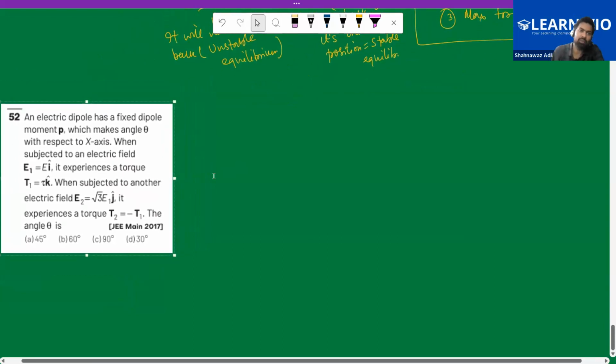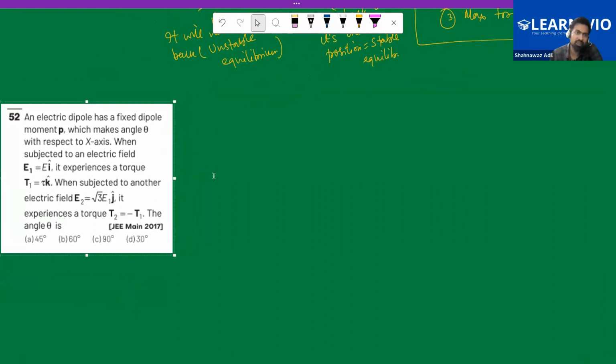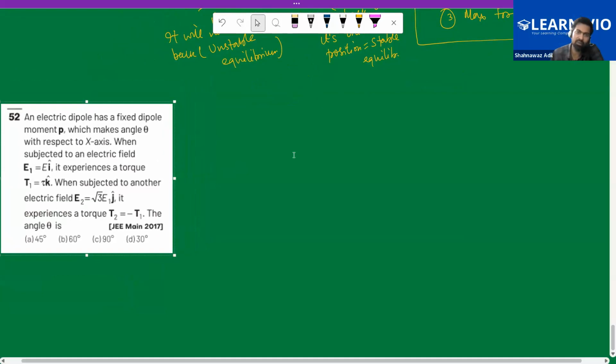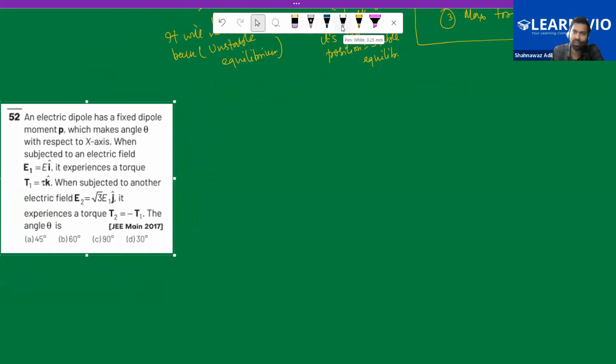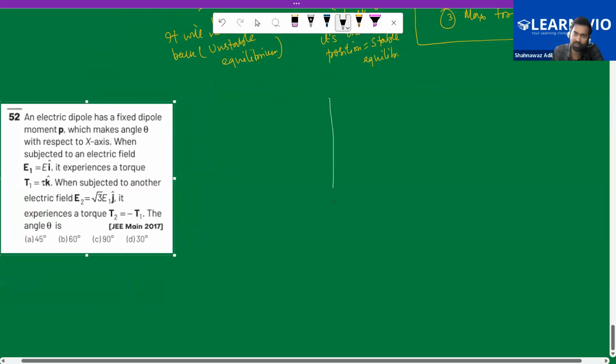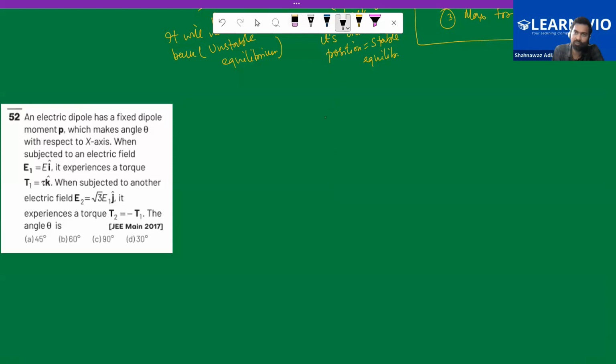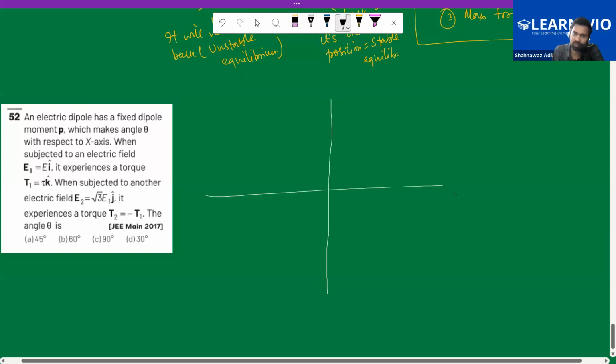An electric dipole has a fixed dipole moment P, which makes angle theta with respect to x axis. Let's say we have these axes, this is x, and this is y.